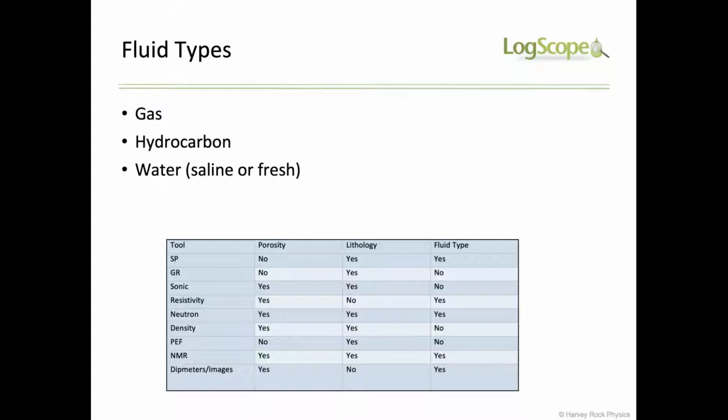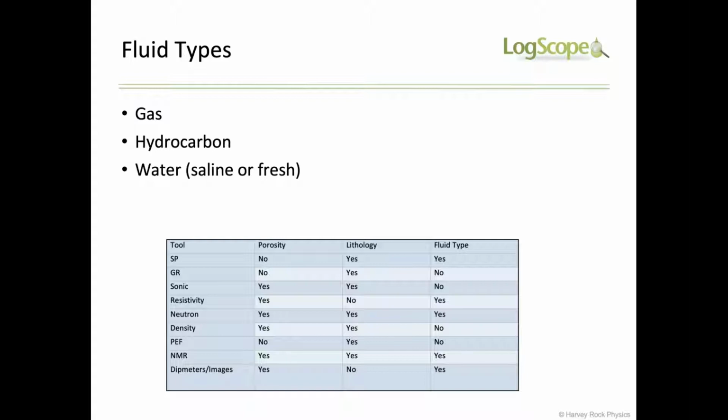The neutron measures porosity. Again, it was designed to measure porosity, and through observation, it will react in a particular way in different lithologies. For example, in clay, it will show high porosity. The density measures both porosity and lithology, and the PEF lithology.